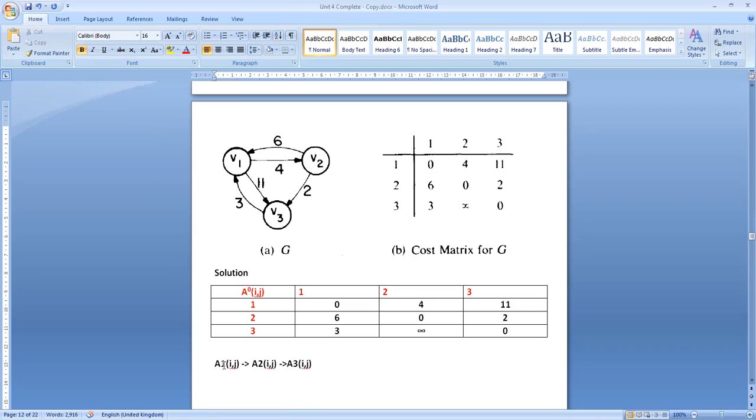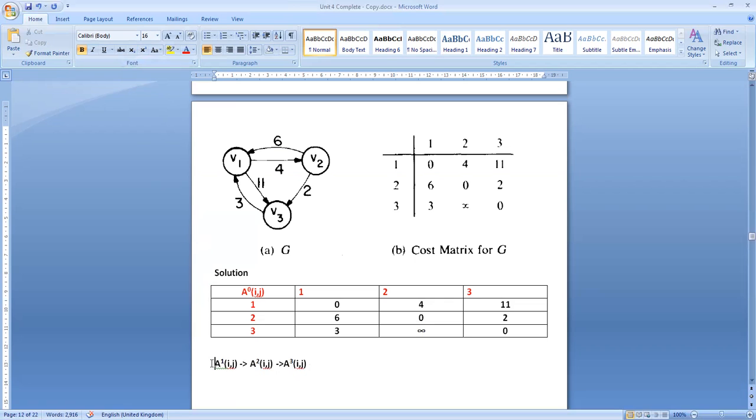Now these are all k values. Now, where is this A1 of I comma j?